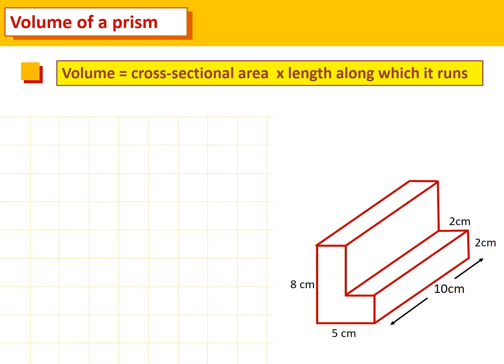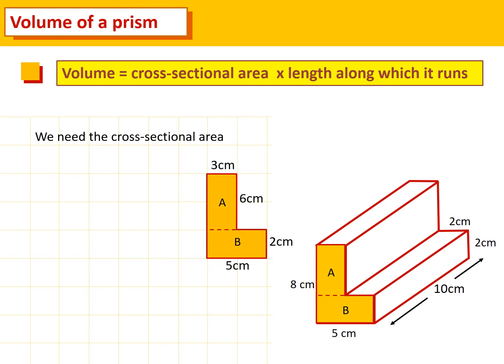And in our final example, we've got a prism which has an L shape for a cross-section. We need the area of the cross-section, so we take that shape and separate it into 2 rectangles, which I've labelled A and B. We just need to be careful with the lengths here.